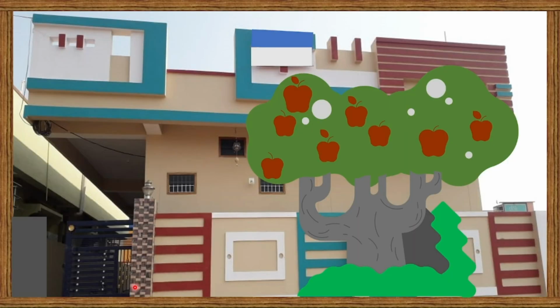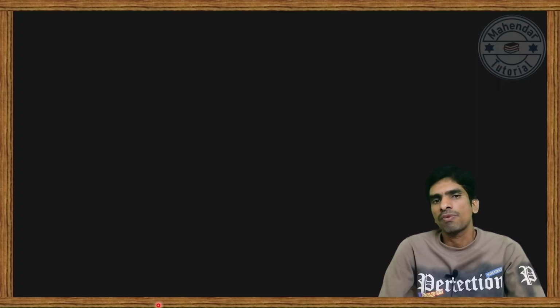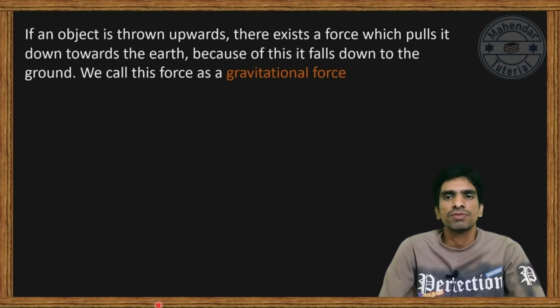Next, here you can see some fruits. When the fruits are ripened, what happens? They fall down because of gravitational force. This gravitational force is a non-contact force, also known as a field force. If an object is thrown upwards, there exists a force which pulls it downwards to the earth.